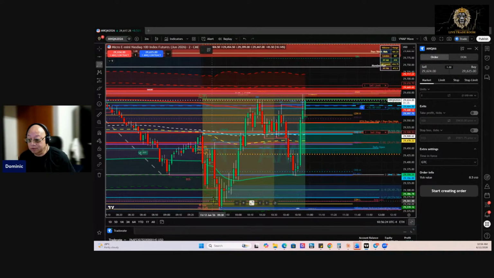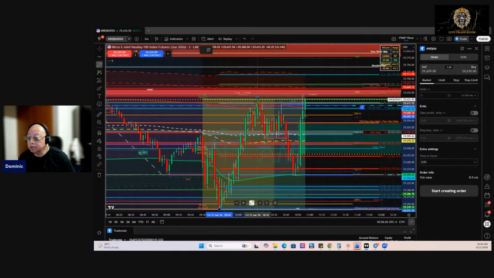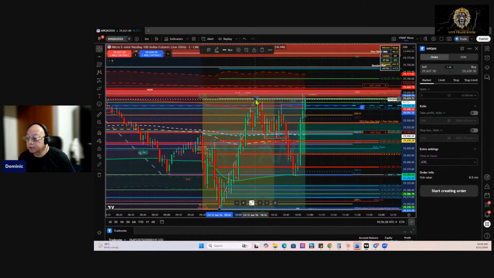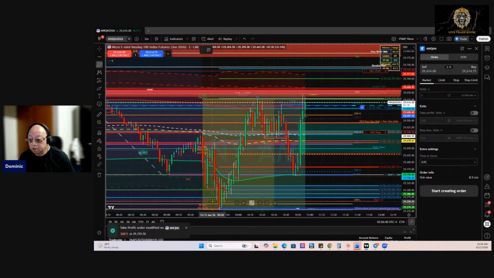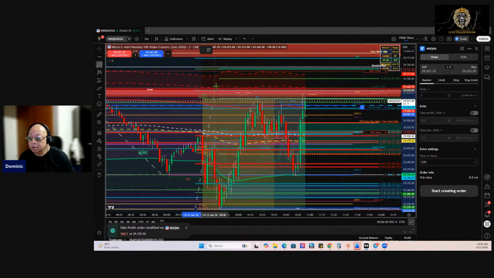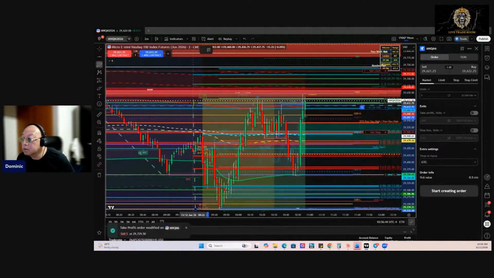This is weird. So basically it goes up, came back down here. Target would be up here at least. Now we're breaking the IB, right? So let's do the IB here. Where will the target be?